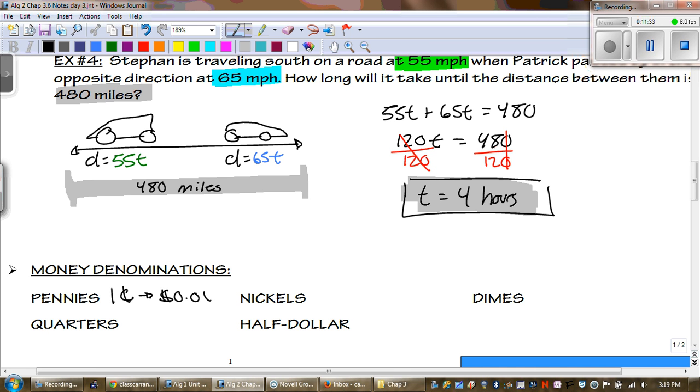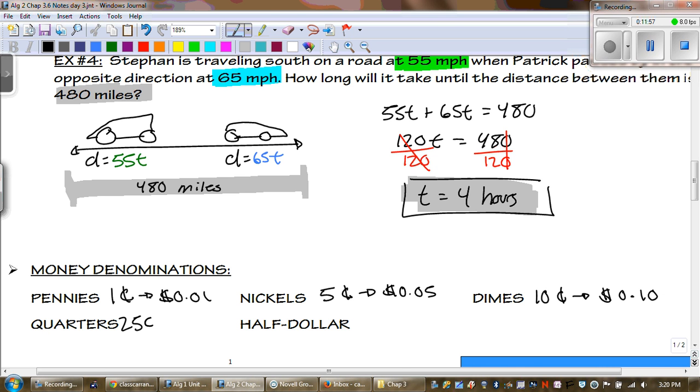Okay, nickels are worth 5 cents, or another way to write that would be 0.05. Okay, dimes are worth 10 cents or 0.10.